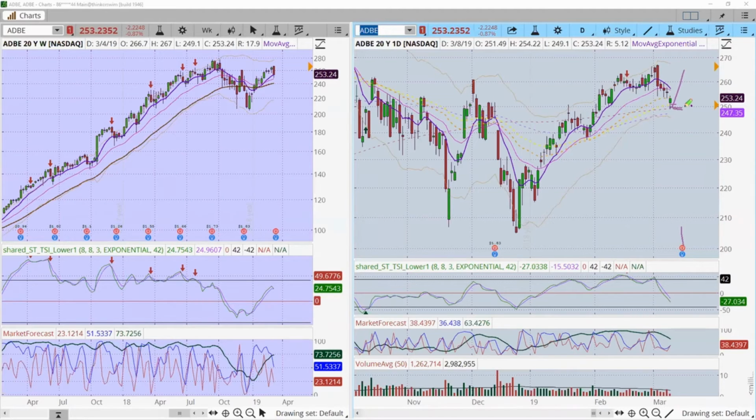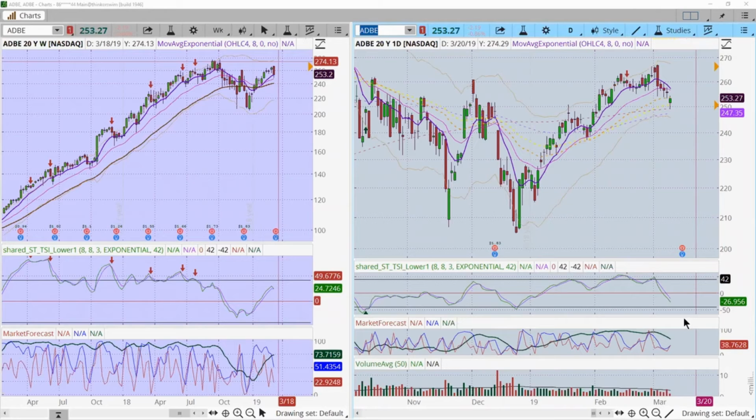And the way you work the trade is you buy it here and then close it before the close on Thursday. Or if it gets up 5%, close it then.